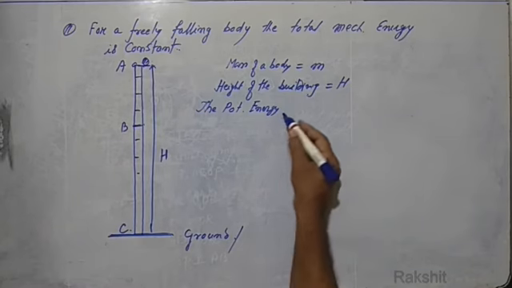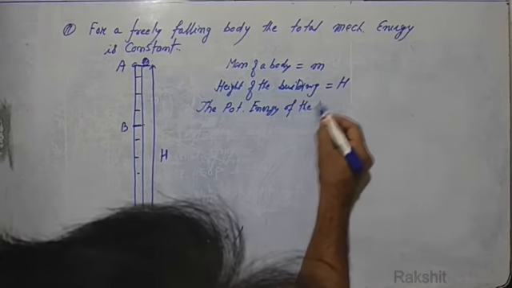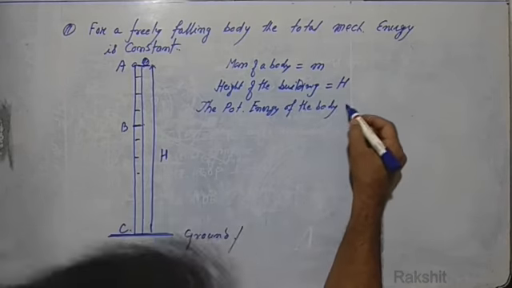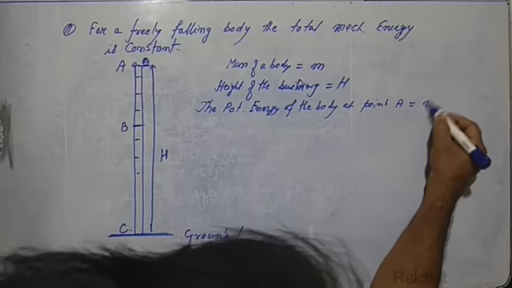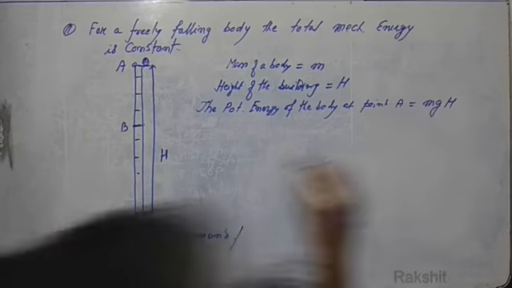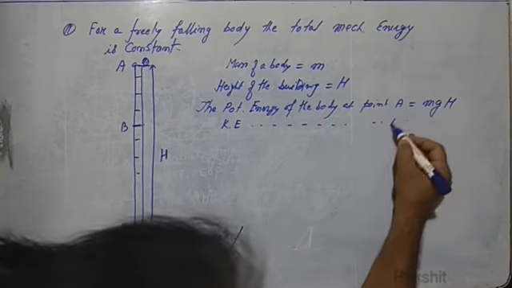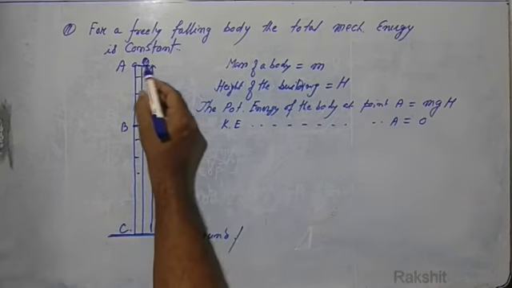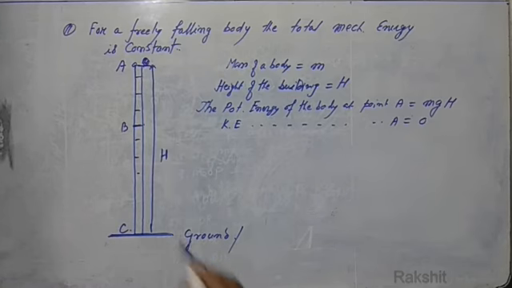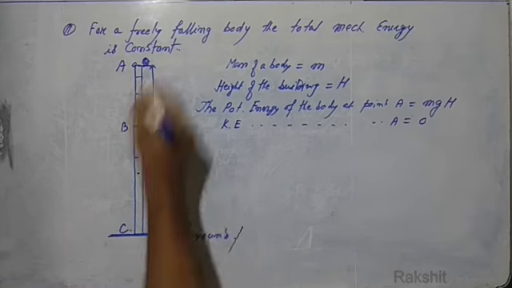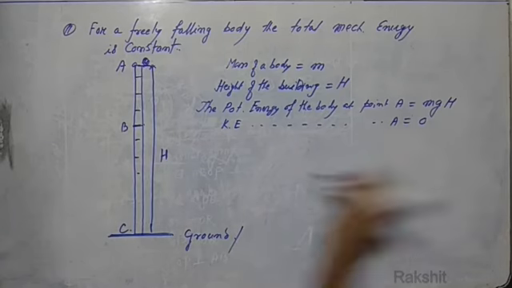The potential energy of the body at point A is equal to mgH, and the kinetic energy of the body at point A is equal to 0, because the body is at rest, there is no velocity. So v is equal to 0, and half mv square is equal to 0. So the kinetic energy of the body at point A is equal to 0.